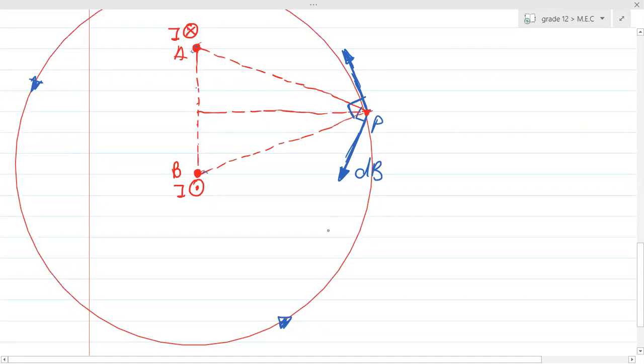Are you getting my point? What is perpendicular to what? Now you understood?